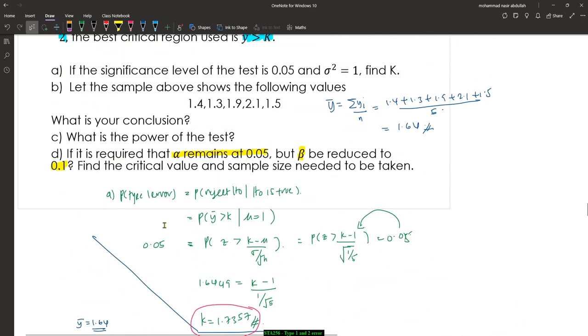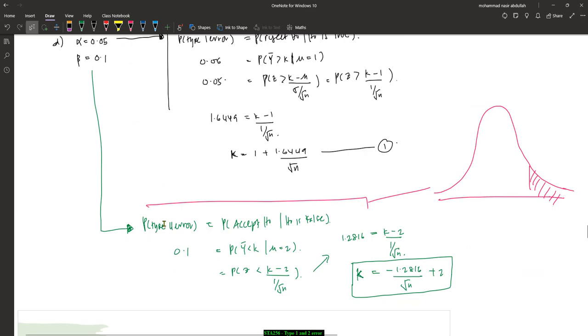What does it say here? Alright. Here it says y is less than k is 0.1. So it will not be over here; this is more than k, which is 0.05. This is for the first one.